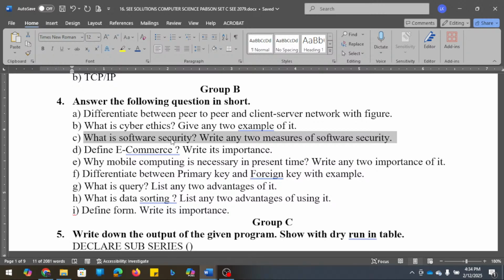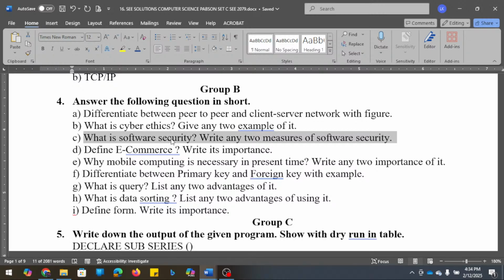Its importance is that it provides a powerful, user-friendly interface. We can customize the layouts, it makes our work automated, security and permissions can be maintained there, and we can navigate the records easily. So that is about the form.